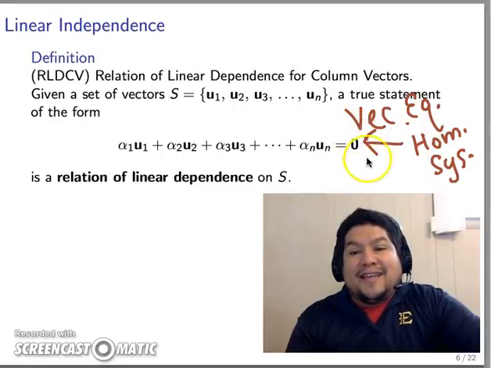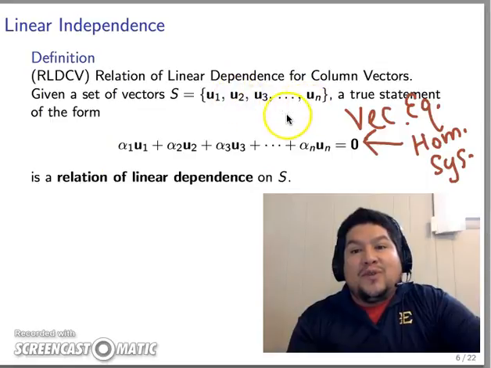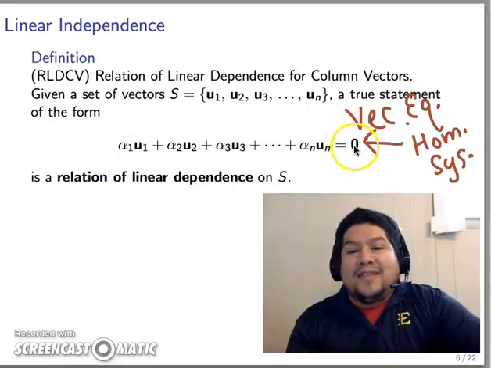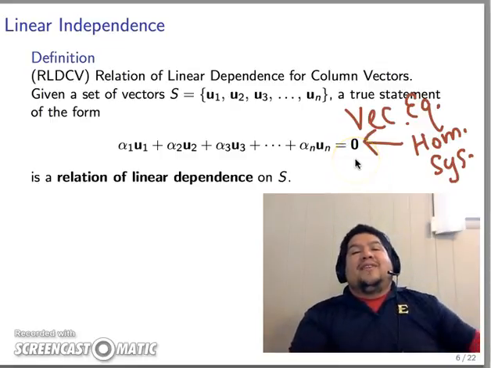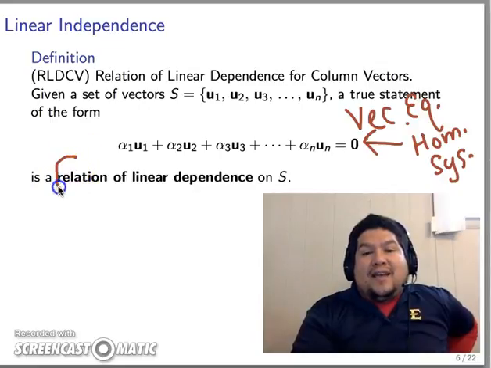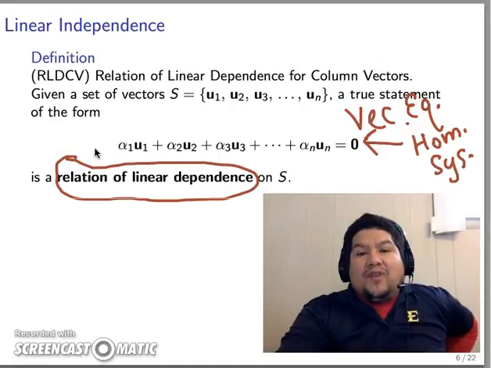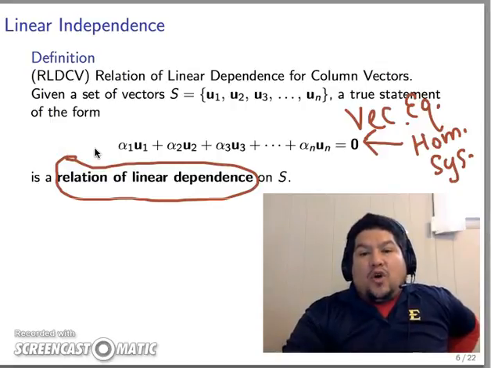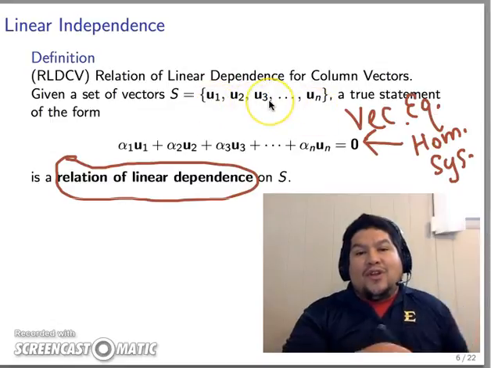It's like a homogeneous system. These vectors u1, u2, and u3 all the way through un are like the columns of the coefficient matrix in a homogeneous system. But let's just think of this linear combination equal to 0, and we're going to give this vector equation a name. We're going to say that this equation is what will be referred to as a relation of linear dependence on the set. This is a finite set of vectors u1 through un.